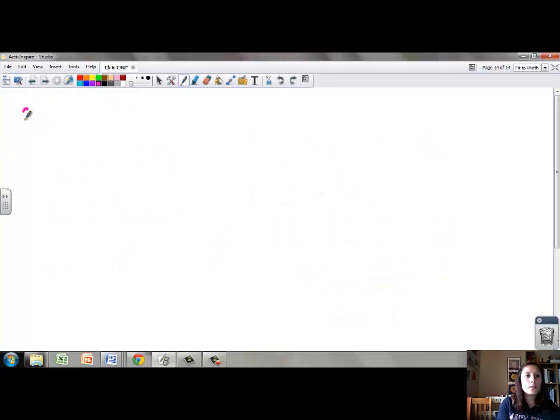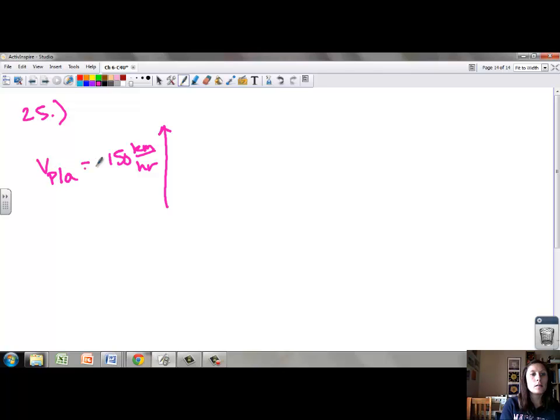Okay, so all the ones that we've looked at so far are where everything's in the same dimension. So now let's look at something that's not. So an airplane flies due north at 150 kilometers per hour relative to the air. So this is my 150 kilometers per hour, and this is the velocity of the plane to the air.